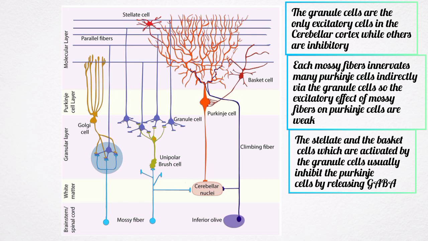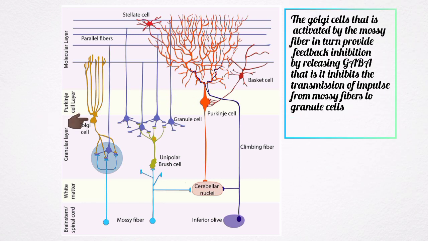The stellate cells and the basket cells, which are activated by the granule cells, usually inhibit the Purkinje cells by releasing gamma-aminobutyric acid. The Golgi cells that are activated by the mossy fibers in turn provide feedback inhibition to granule cells by releasing GABA. That is, it inhibits the transmission of impulses from mossy fibers to granule cells.